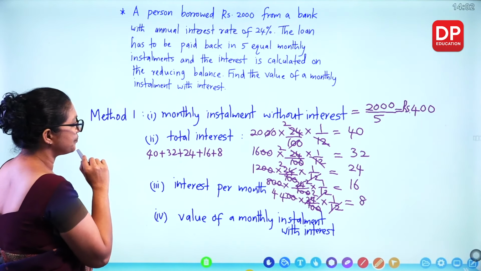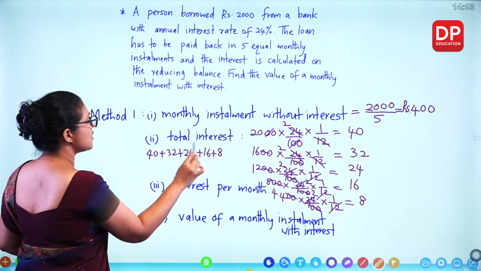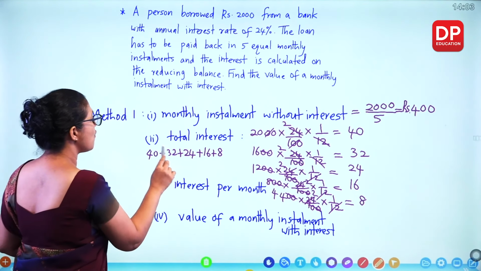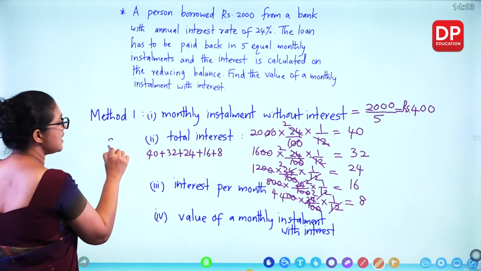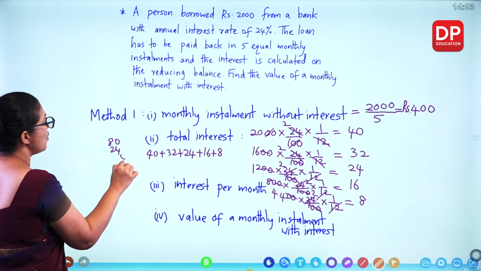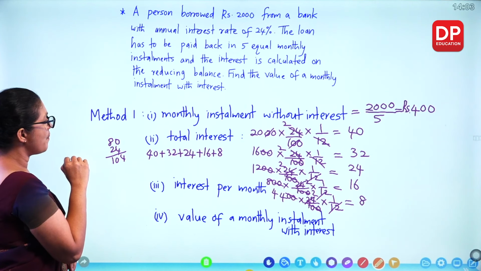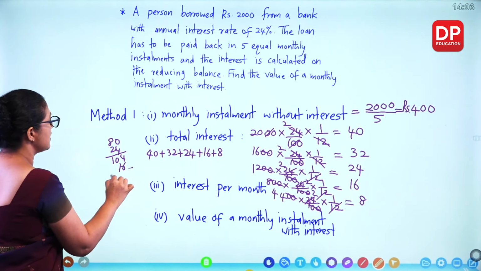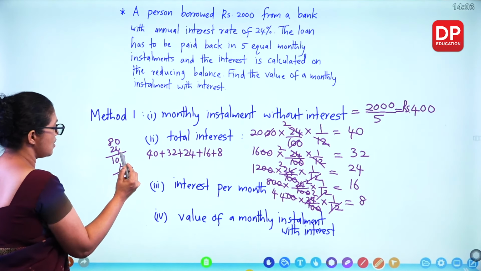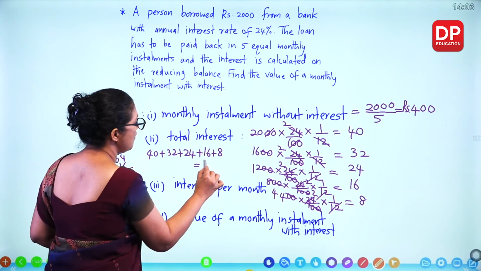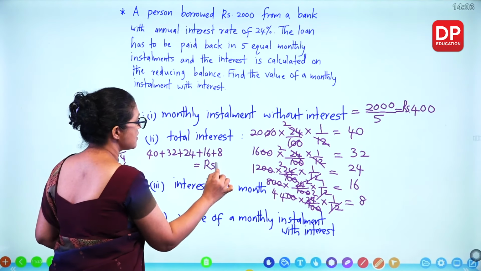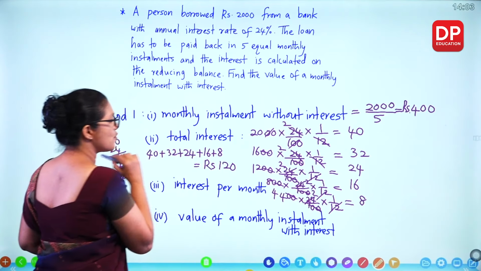What's the value? 32 plus 8, 40. 40 and 40, 80. 80 and 24, you get 104. 104 plus 16, you get 120. So the total interest is 120 rupees.